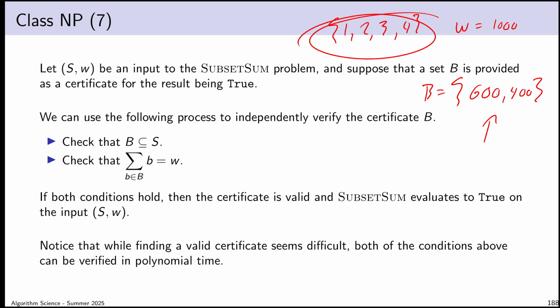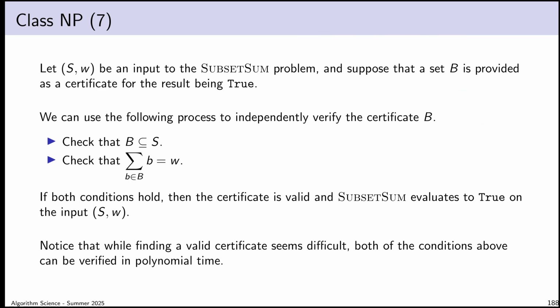So when I verify the certificate, I'm going to be as suspicious as I can. I'm going to check every single thing about it. Okay. So you have told me that there is a subset that adds to W, and you have given me a set B as a certificate. So the first thing I'm going to check is, is it actually a subset of S? Because if not, it is not a certificate.